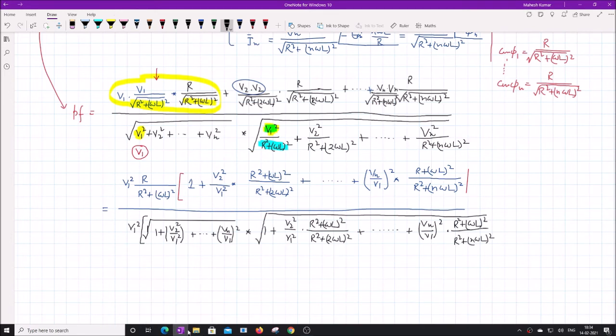Do you see some similarity between this expression here and this expression? They are the same, except this is in square root. So when this goes with this, 1 by 2 comes here.